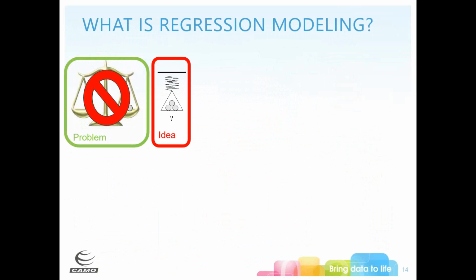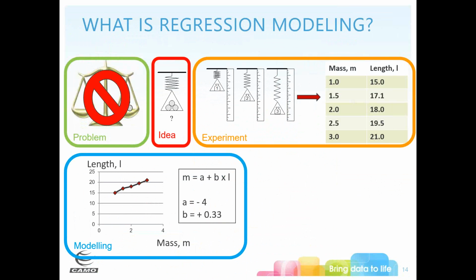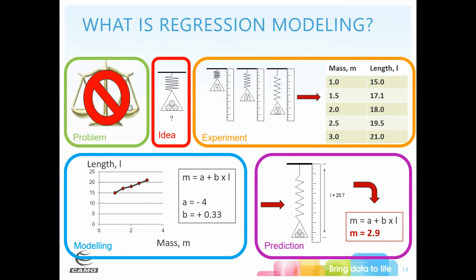We know that the expansion of a spring is directly related to the amount of weight that is placed on it. Well, we happen to have a few known weights that we can put onto the spring, measure it with a ruler, and come up with a model. So we can fit a line to these data points, and from that we are able to back calculate our unknown based on that model.